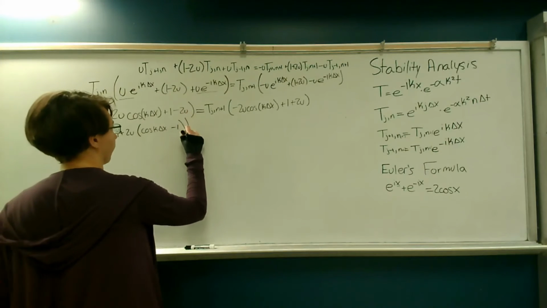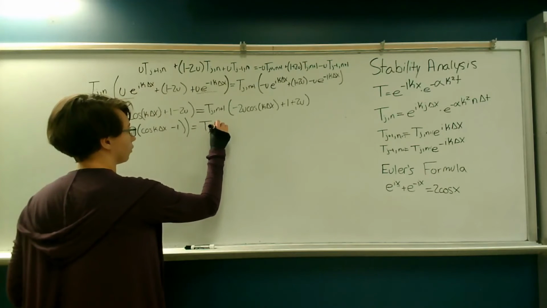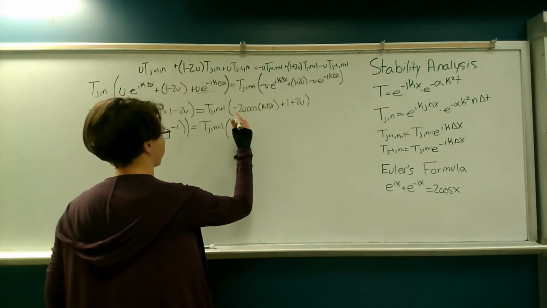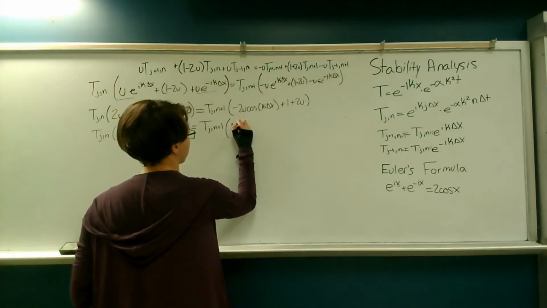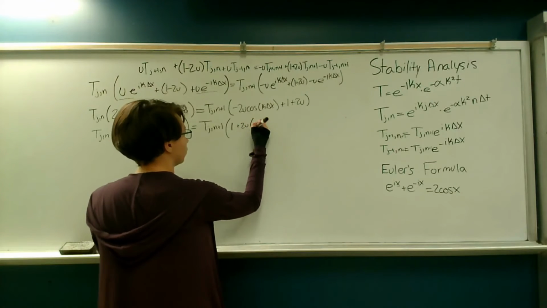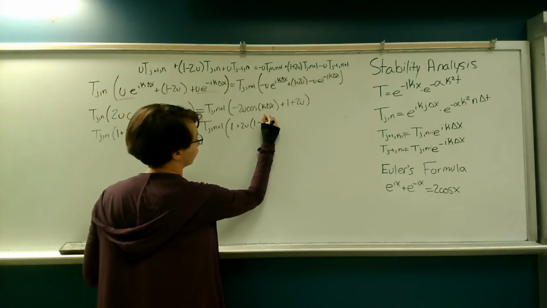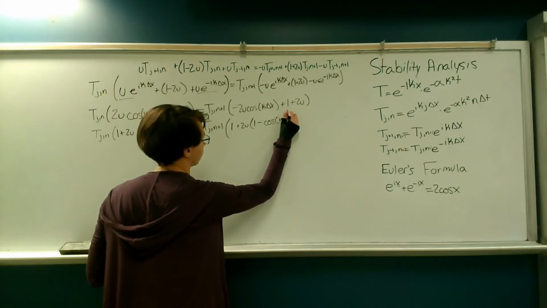Alright, and then it's T at j at n plus 1. And this time we again have this 1 up front, so 1 plus 2u times 1 minus cosine of k delta x.